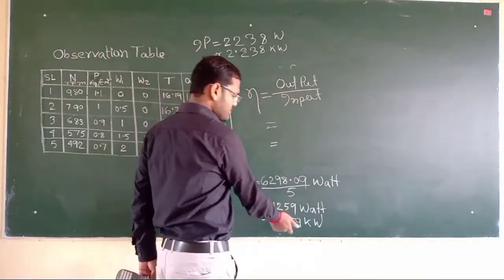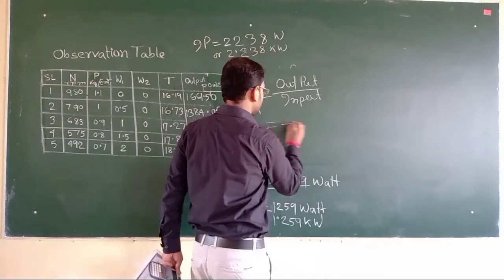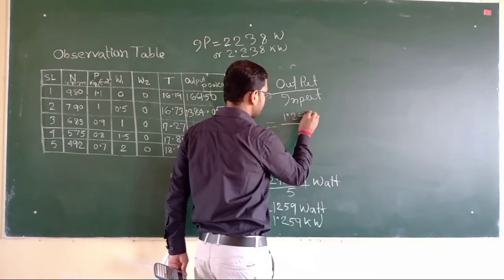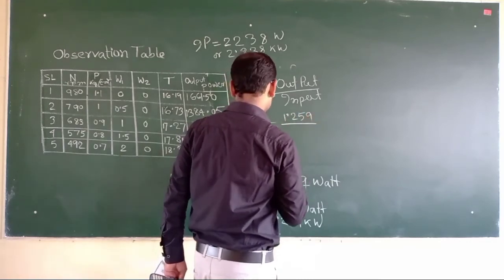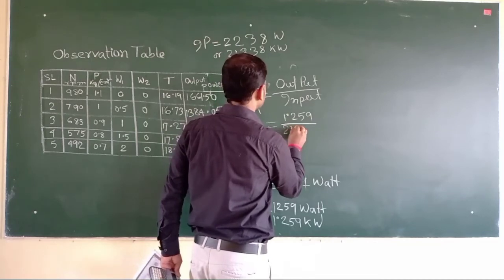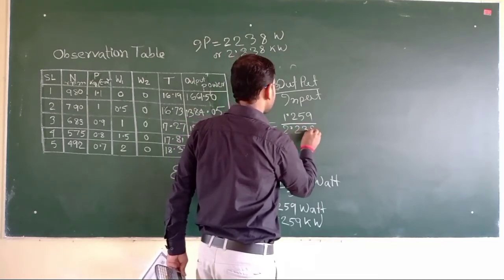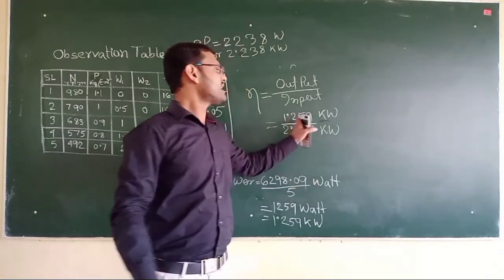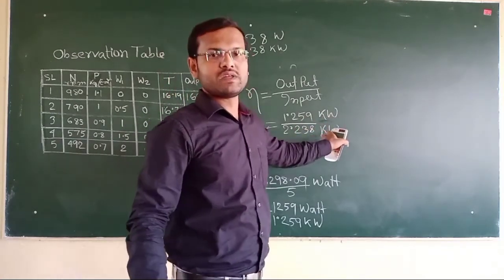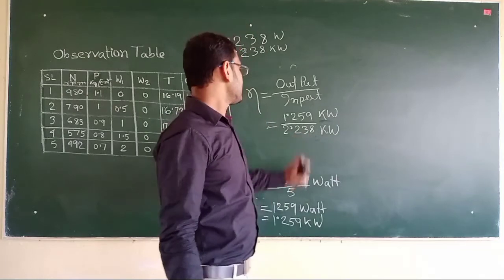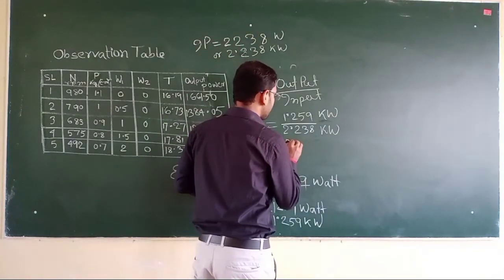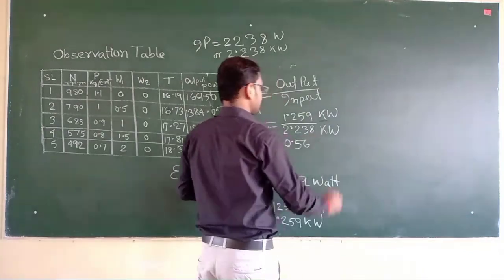Here the output power is 1.259 and input power is 2.238. This is the output of the turbine and input power of the turbine. From this we calculate the value 0.56.